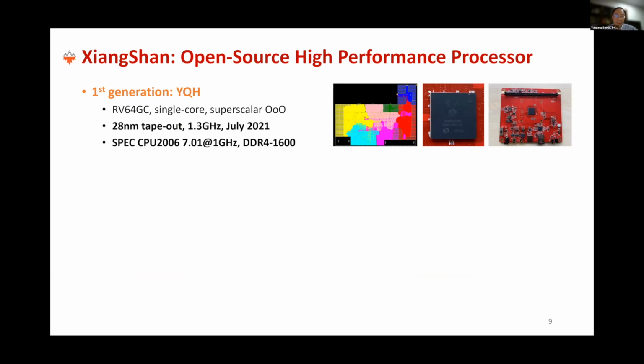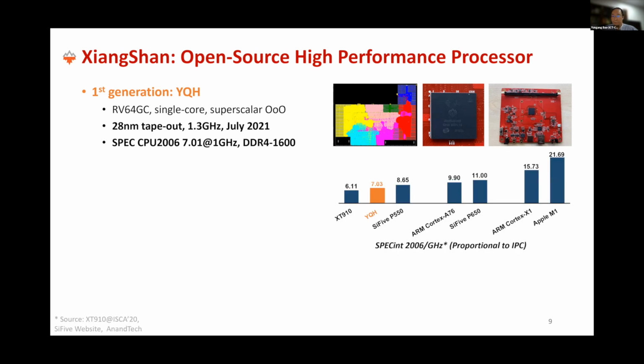The first generation, called Yanxihu, is a 64-bit RISC-V, single core superscalar out-of-order CPU, and it was taped out with 28 nanometer technology and can achieve 1.3 gigahertz. The SPEC CPU performance is about 7 points at 1 gigahertz.